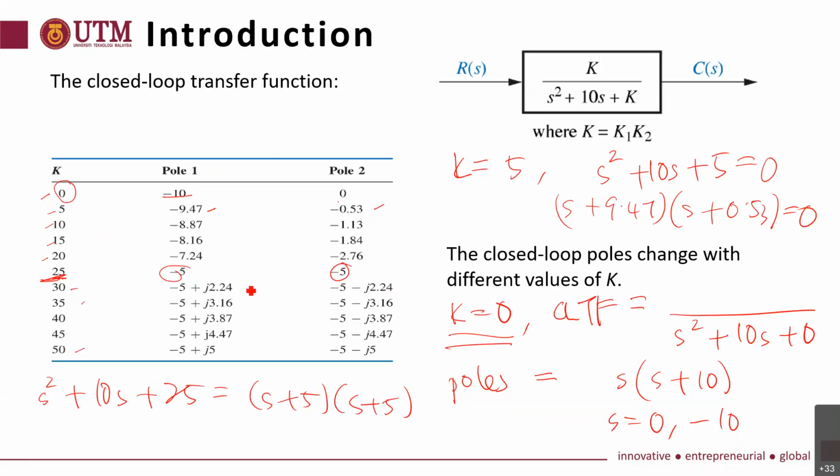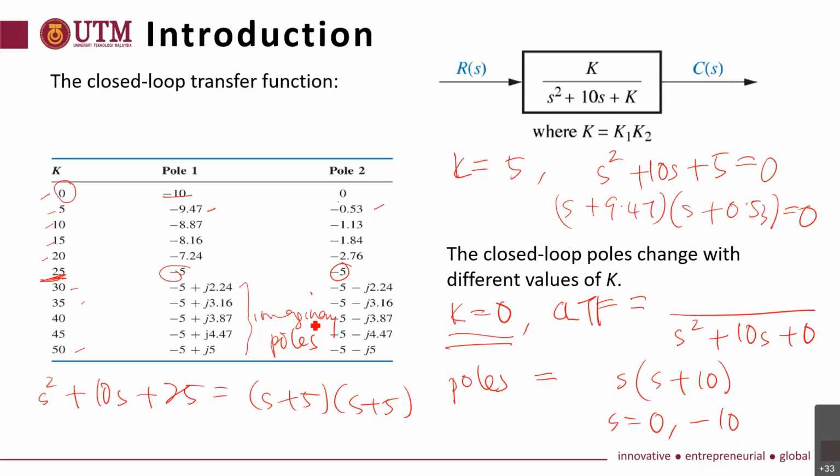Then we get imaginary poles. So we can see that the pole moves when we increase the value of K.